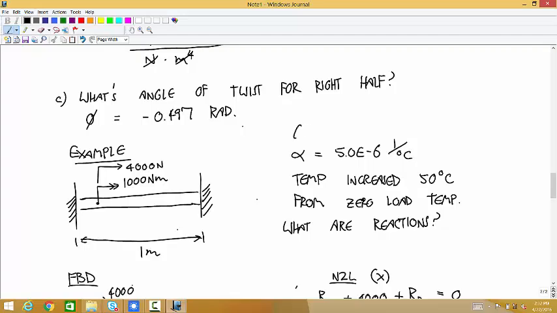So let's say Young's modulus is equal to 100 times 10 to the 9th pascals. Poisson's ratio is equal to 0.3. And the radius is 0.01 meters.